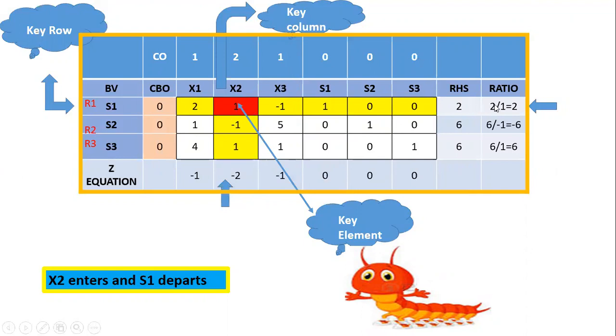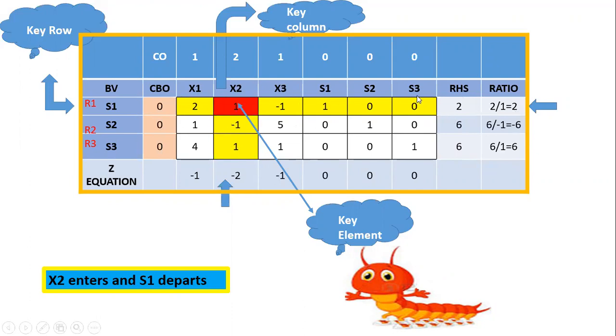Now get the ratios: the constant divided by the respective element in that key column. So 2 divided by 1, 6 divided by minus 1, 6 divided by 1. Among these ratios, take the least positive ratio; you should never consider the negative value or the 0. So the least positive value is 2.